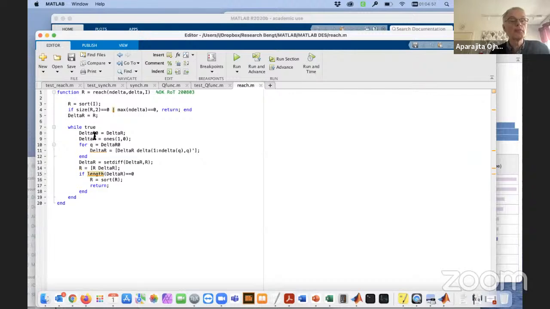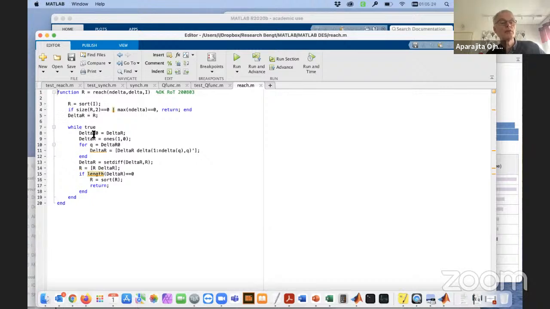So from the beginning, I say that R is, here the input I is this set of initial states. And then I introduce that as a set. And then I say that the first delta is equal to this set.